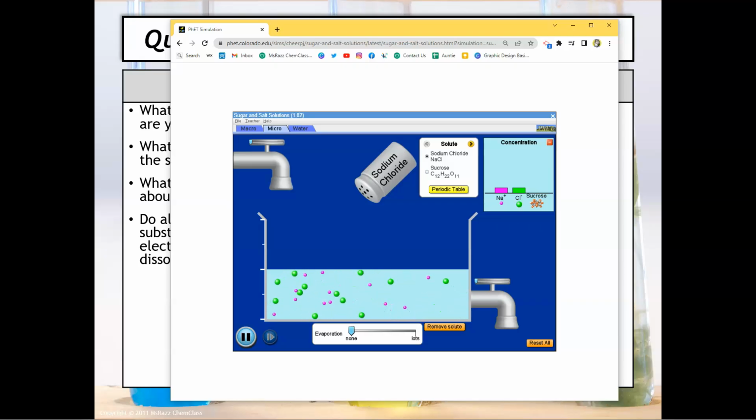And as I look right here, it looks like we've got sodium ions and chloride ions in equal amounts, which I think makes sense because sodium chloride is just one sodium ion to one chloride ion. And notice how these two ions have dissociated from each other. Now, if I remove the solute here, that'll take away the sodium chloride. Okay, so that's one thing.